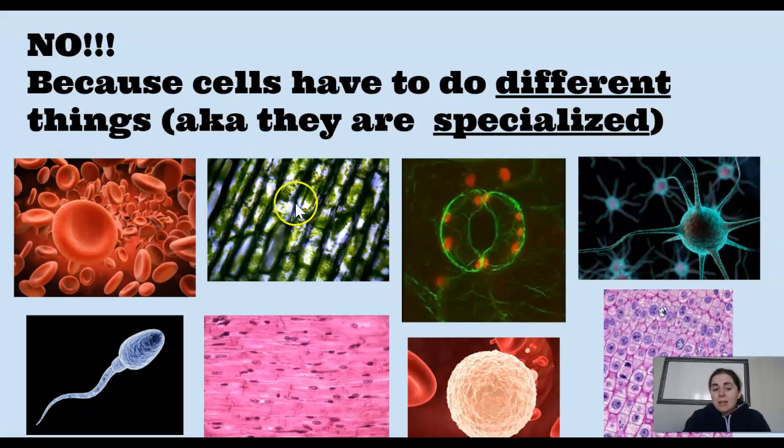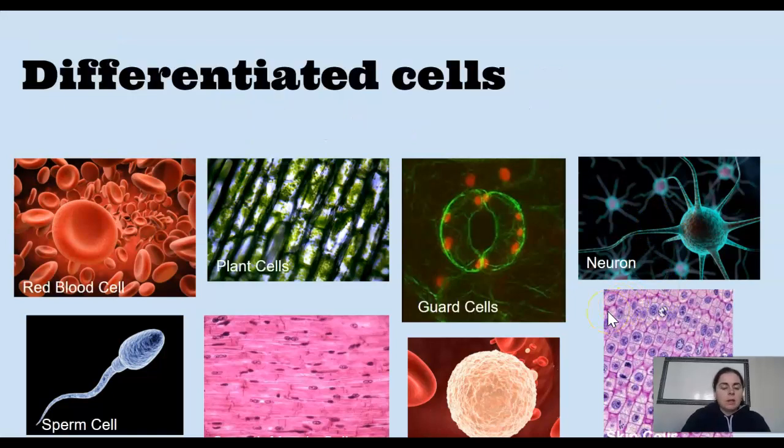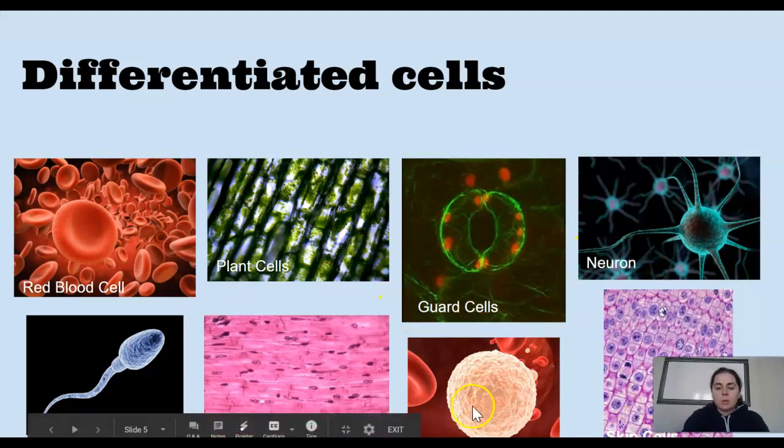If you have a plant, you have plant cells, and they have leaf cells versus the interior, like the woody xylem and phloem, and those pith of the tree. Those are different cell types. Okay, here's a stomata, it's a neuron. We have lots and lots of different cell types. So we have red blood cells, plant cells, guard cells, neurons, skin cells, white blood cells, and the sperm and smooth muscle cells right here.